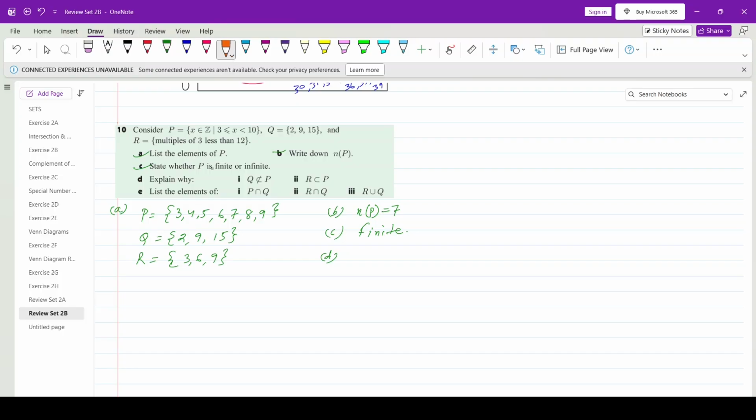We can see that 2 is not a part of P. However, 9 is a part of P, and 15 is not a part of P. Therefore, as 2 and 15 are not present in P, Q is not a subset of P.